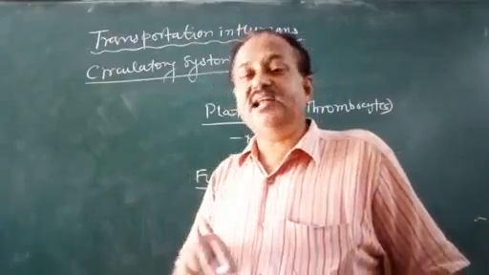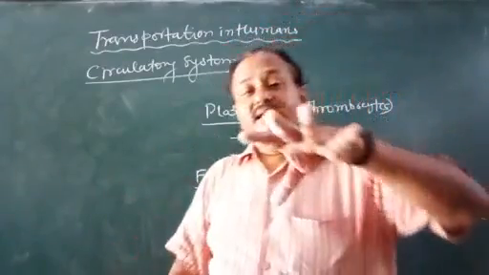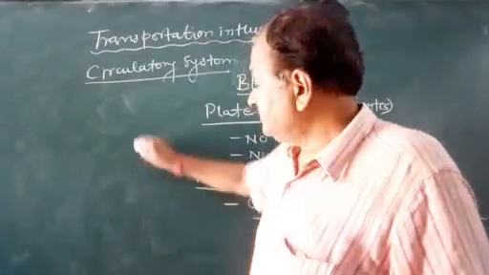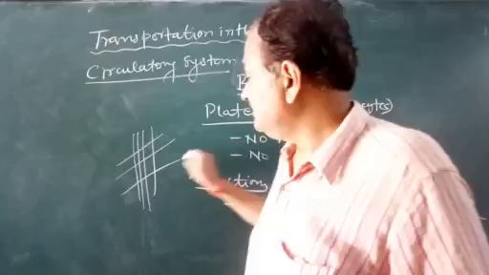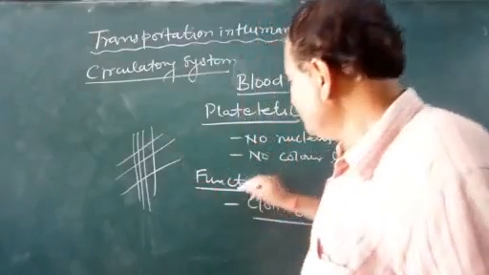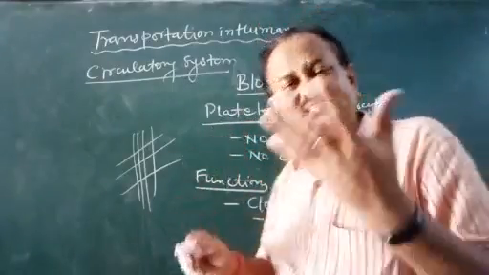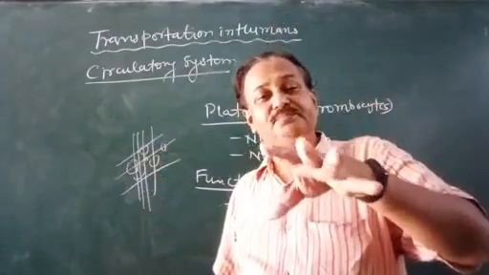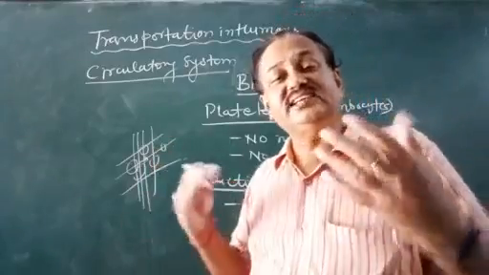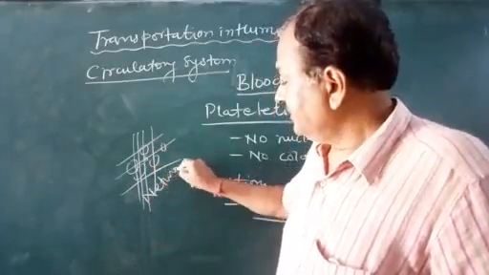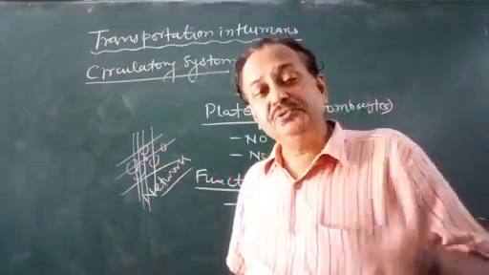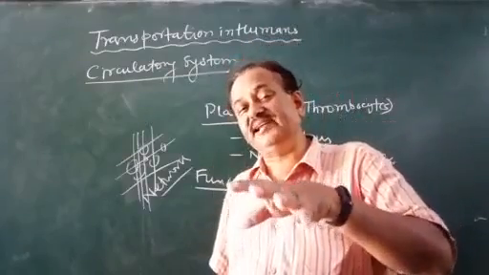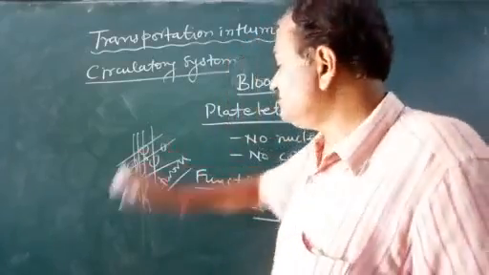Whenever this comes in contact with the air, it becomes solid, and nets are formed, like a network of fibers. The platelets are captured in it, just like a fisherman catches fish in a net. So this is the mechanism of clotting.